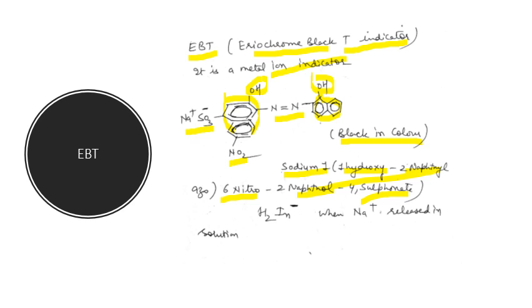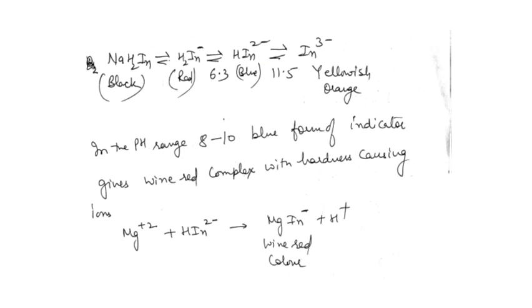Initially when it is dissolved in the water, the sodium is released and the first ionic species which we get is H2In negative, which is red in color. So let's see the various species. This is the representation of EBT. In the structure, one sodium is there, with two phenolic group protons, and the rest of the part is indicated by In. Initially it is black in color.